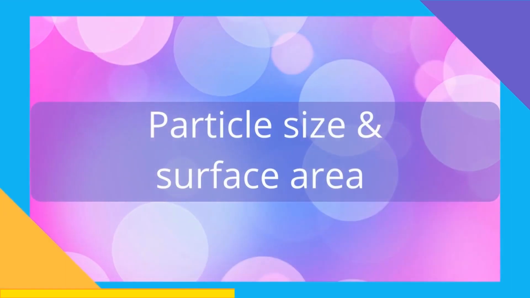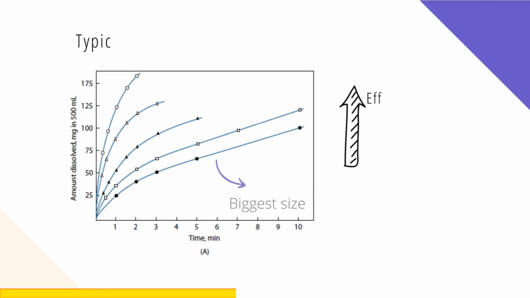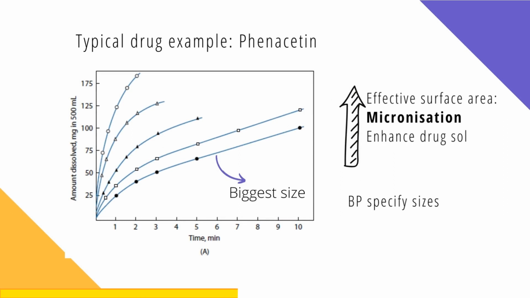Let's look at the first one, which refers to the particle size and surface area. Looking at a typical drug example, in this case phenacetin, when you look at the graph, the bigger size one at the bottom, you can see that the amount dissolved is actually lesser and slower across the time. Therefore, it will be good to increase the effective surface area with methods such as micronisation to enhance the drug solubility.